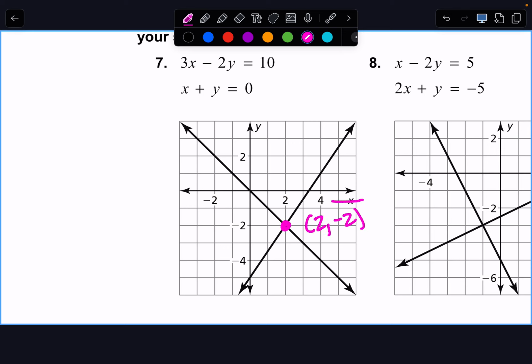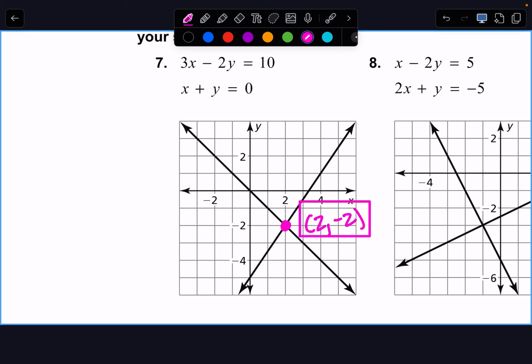So the solution to our system of linear equations is 2, -2. That's where they intersect. Now, if this is really the solution, then this coordinate should be able to get plugged into both equations and it should work.